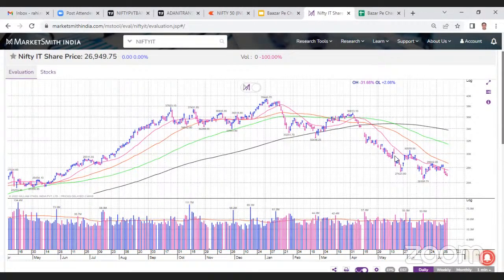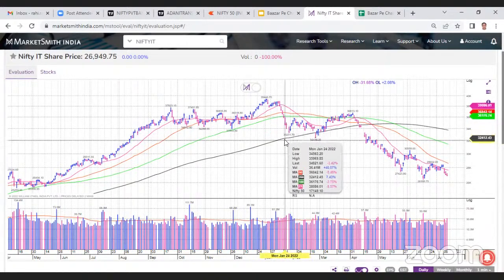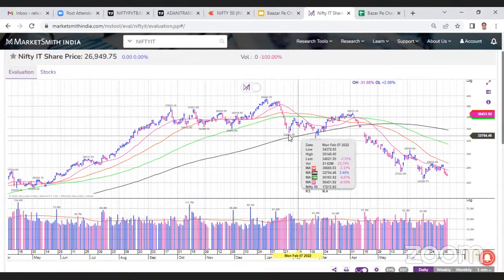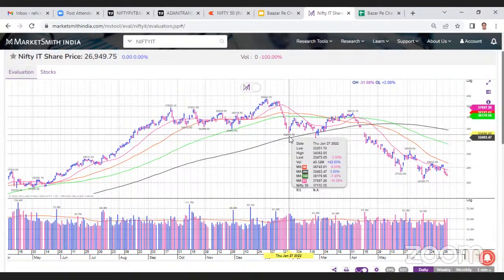And as Pawan has also discussed in Nifty 50, one of the signs of a bearish market is that the index is continuously forming newer lows, even in the month of January.